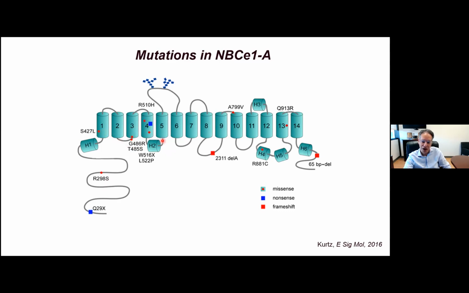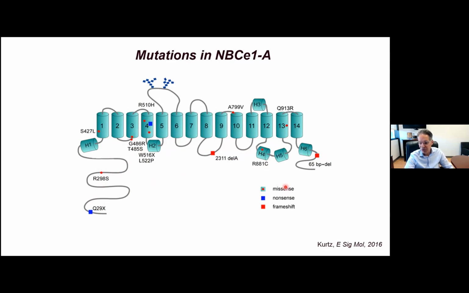They've been described throughout the transporter, and there are some mutations also in the C-terminal membrane part of the transporter here. This is the cytoplasm, or inside the cell. This is outside the cell. And the N-terminus here, there are some transport abnormality mutations that have been found.